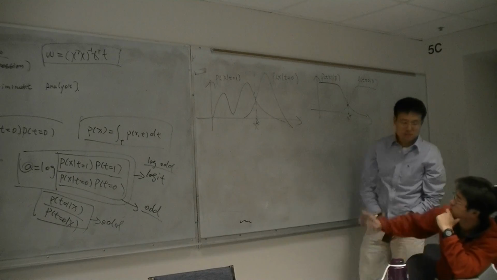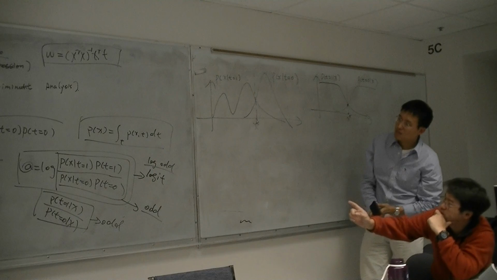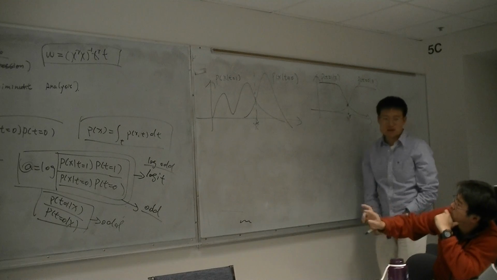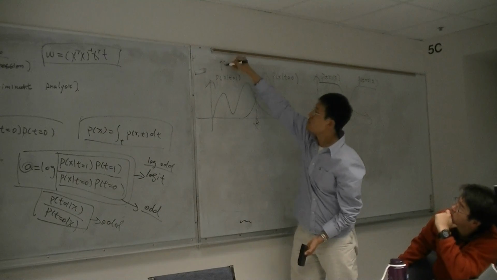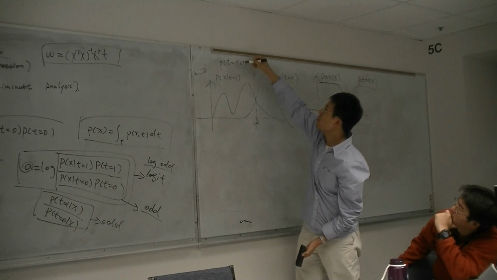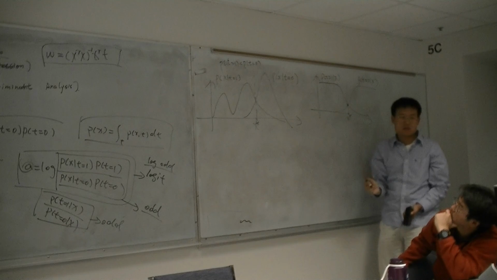So is this assuming p(t=1) is equal to p(t=0)? Yeah, you can think something like that. It's a uniform distribution. You can assume p(t=1) equals p(t=0), or you can use the Bernoulli distribution.